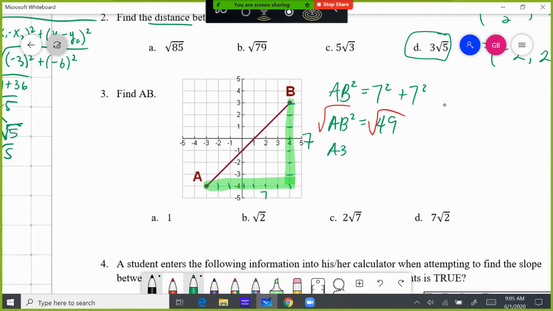So AB is the square root of 49, I'm sorry, it's 49 plus 49, which is the square root of 98. And that simplifies to 49 times 2, which is 7 square root 2.